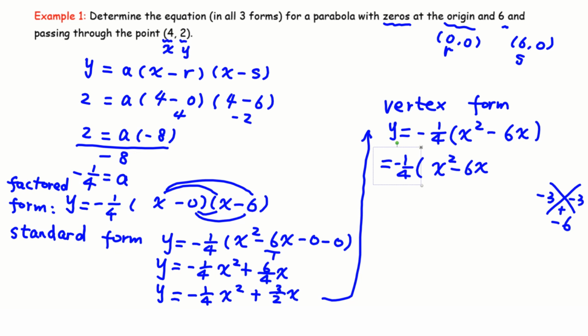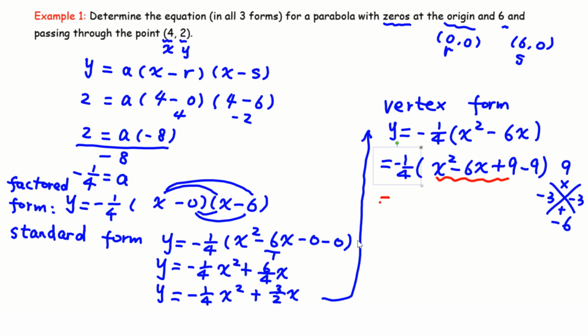Then times together you will have positive 9. So we are going to plus this positive 9, then minus 9. Inside the bracket, if you simplify, you will still have x squared minus 6x. But by doing this, the first three terms you could write as a perfect square, since negative 3 times negative 3 gives you 9.